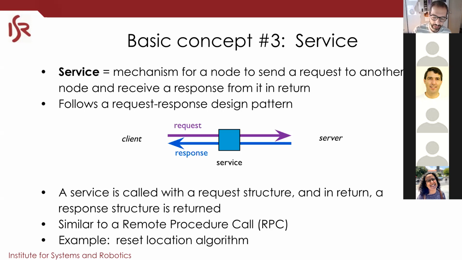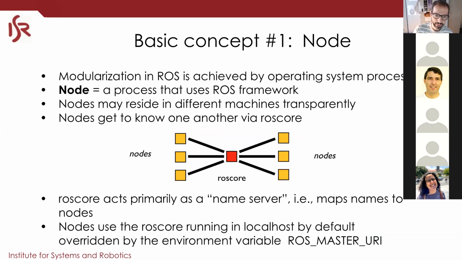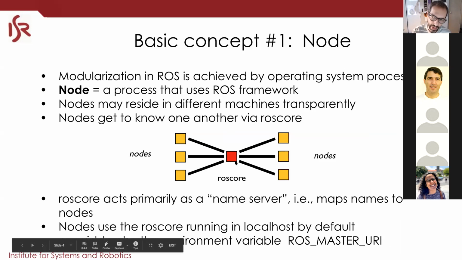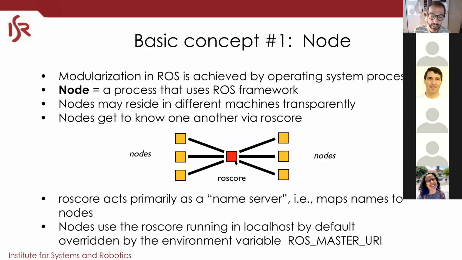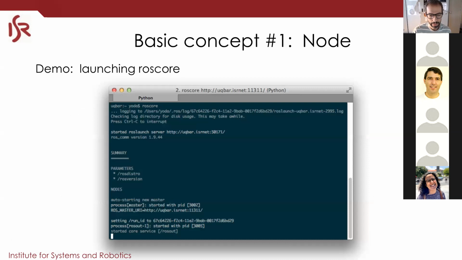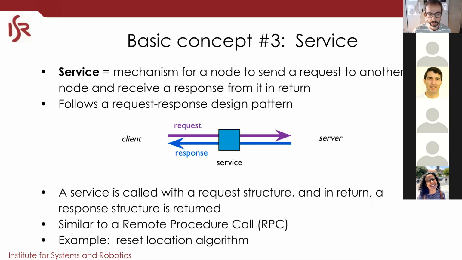Even though in this picture I put everybody connecting to the ROS core, under the hood the data flows directly from node to node. It's peer-to-peer, so it's extremely efficient, and that's when you should use a topic. You should use a service when you want to make sure that something is done.